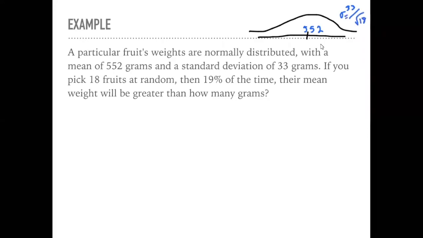And we're wanting 19% of the time it's bigger than that. So we're looking for some sample mean where this area here is 0.19. Well, then what's the area to the left of that line? 0.81. So to the left, we have 0.81.